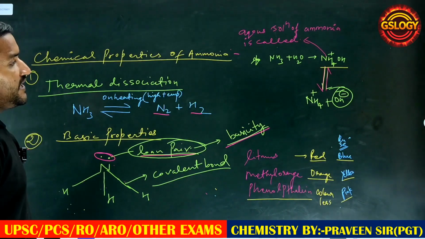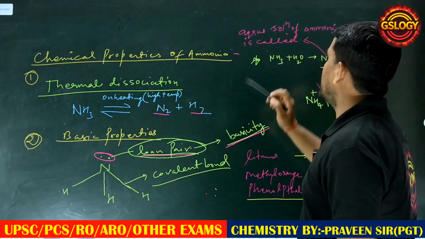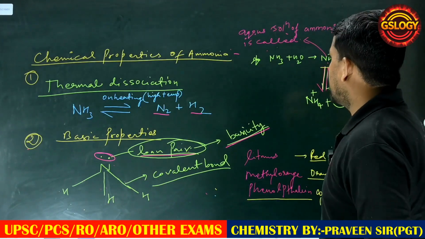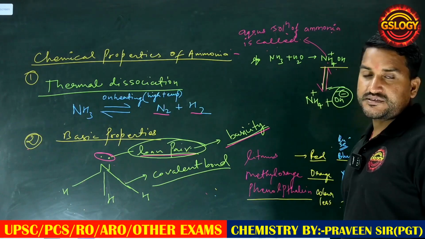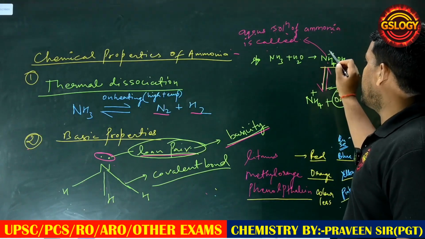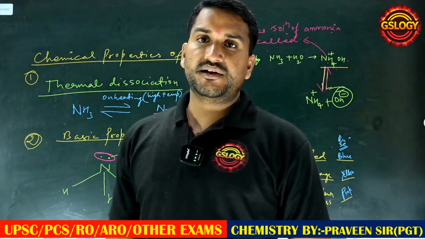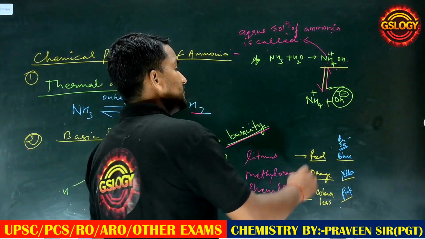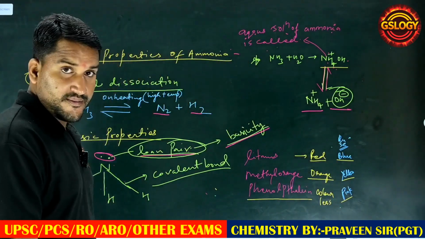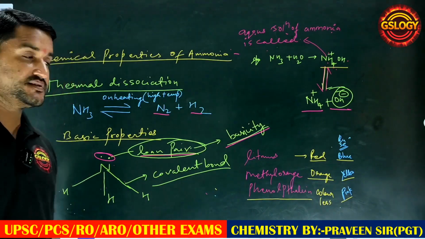And the aqueous solution of ammonia is called ammonium hydroxide. When ammonia reacts with water, it forms ammonium hydroxide. On dissociation, it gives ammonium plus hydroxide. And you know very well, ammonia is basic in nature.